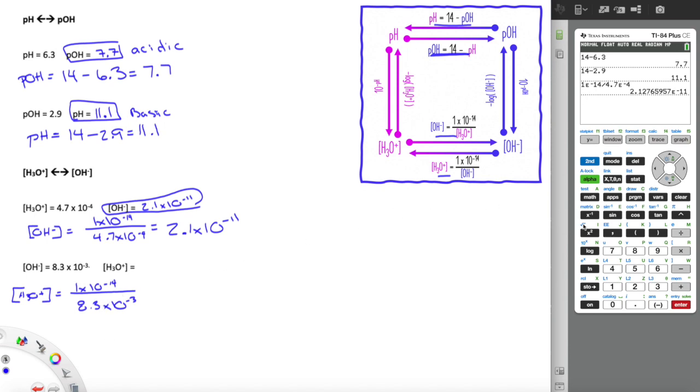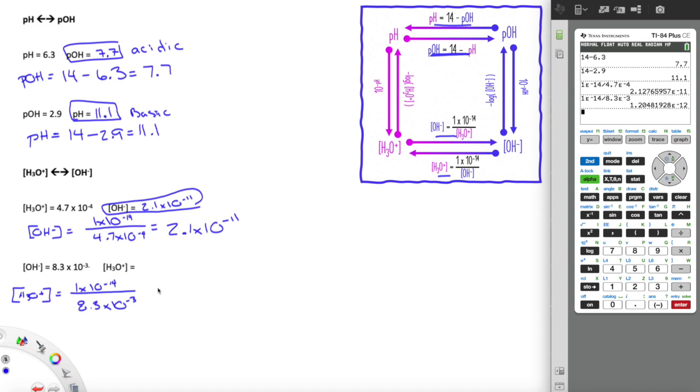And so in my calculator, 1, second E, negative 14, divided by 8.3, E, negative 3, enter.